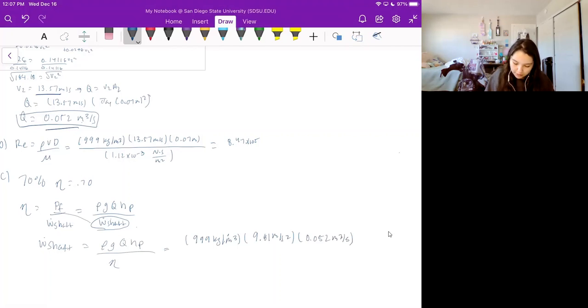Now for head rise, we need to solve this separately. So I'm going to go here. So we have the equation, which is H_p. Head rise is 20 minus 2,000 times Q squared, which is 0.052 squared. And when we do this, you get H_p is equal to 20 minus 5, which is equal to 15.